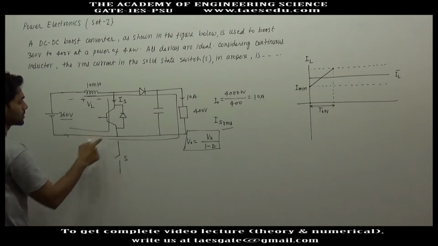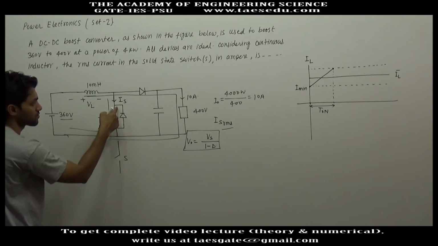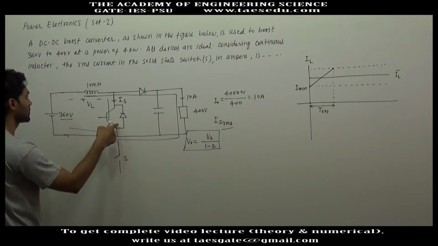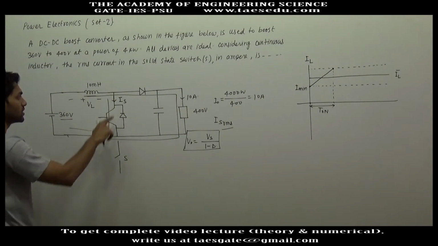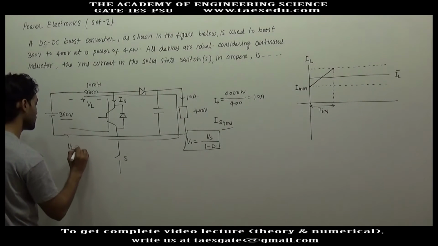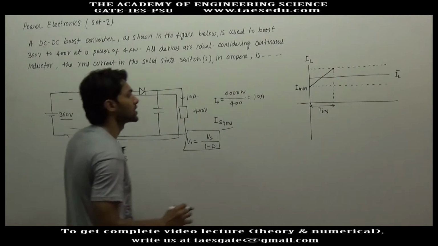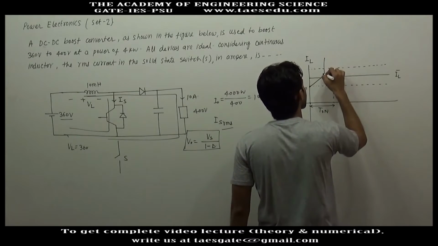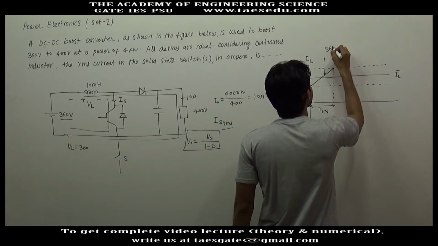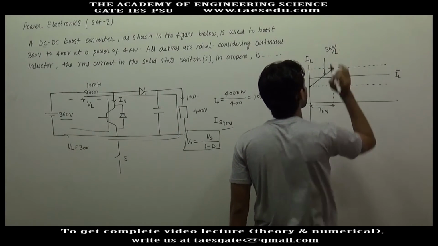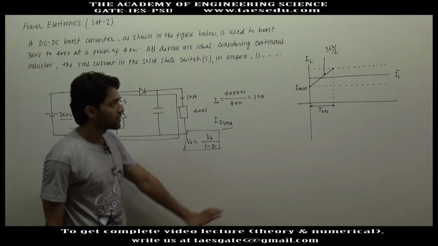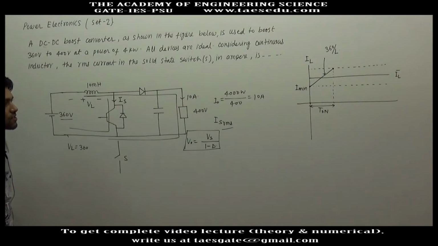If we move in this loop, this switch is connected, so it will provide a short path. So VL will be 360 volt. The rate of increase of inductor current will be according to 360 divided by L. For detail, you may refer to the theory lecture of chopper circuit.